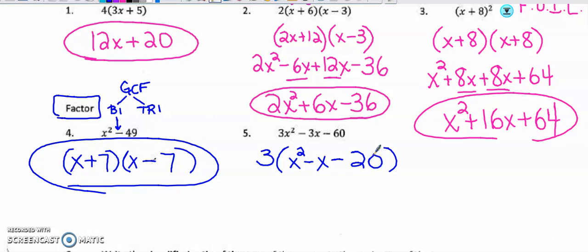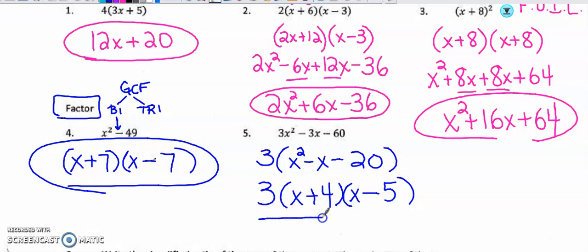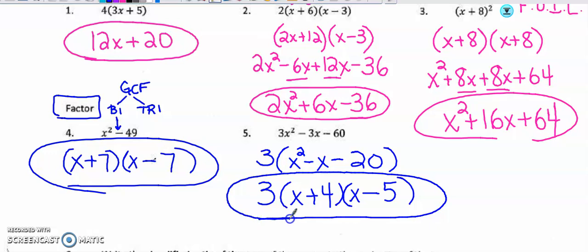Remember, you don't stop there because you have to see if your trinomial factors. So you have x and x. Your last term is negative, so 1's positive, 1's negative. Now you need 2 factors of 20 that you can add and subtract to get a negative 1, which is 5 times 4. The 5 has to be negative, the 4 is positive. And that's practice of factoring.